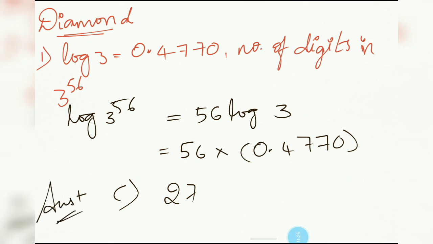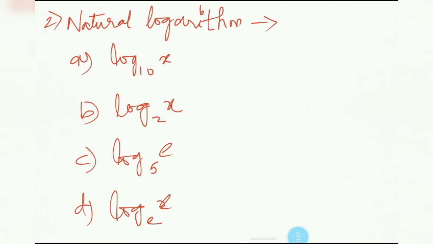Next, second question. Second, third and fourth are passage type questions. The passage statements are very simple, you can understand by reading them. Second question: among the following, the natural logarithms. Now what is a natural logarithm? A logarithm which is calculated to the base e, so generally it will be like log x to the base e.